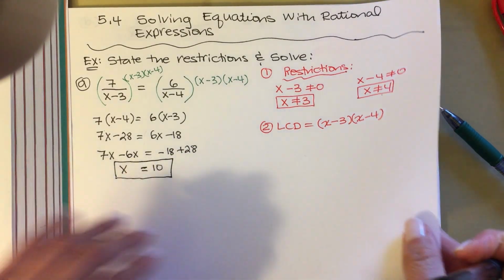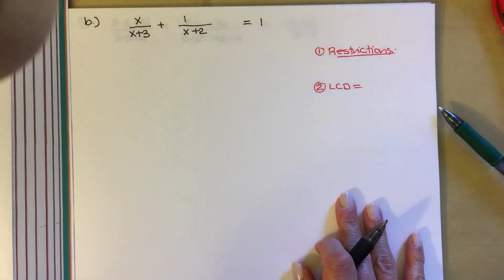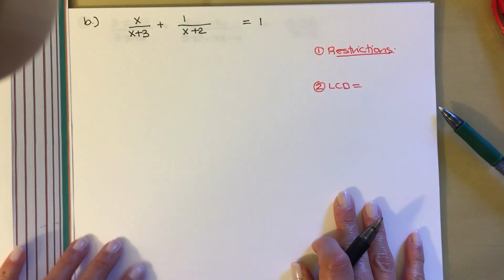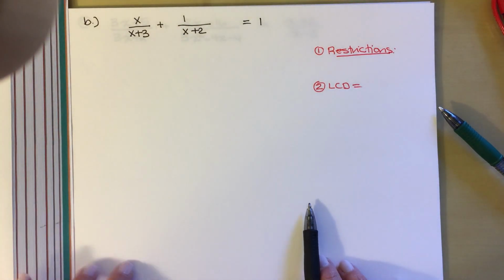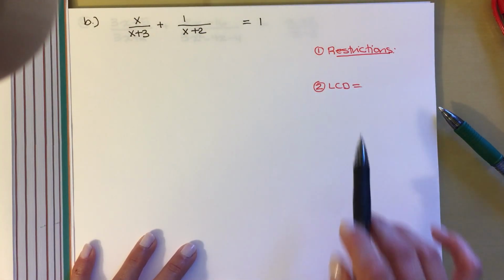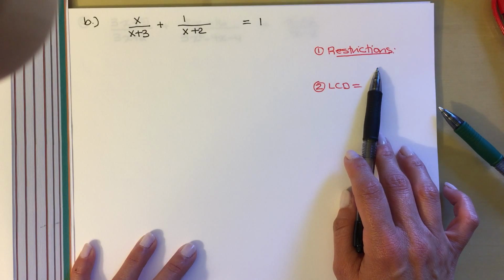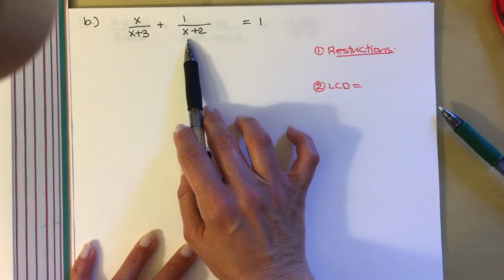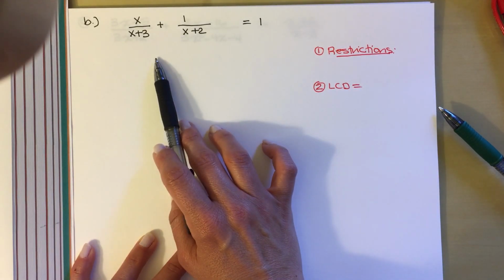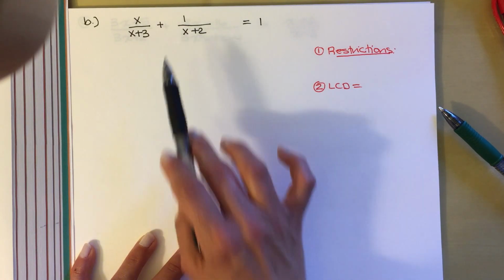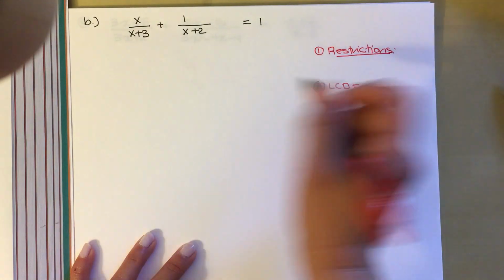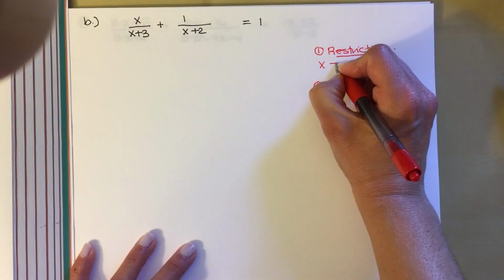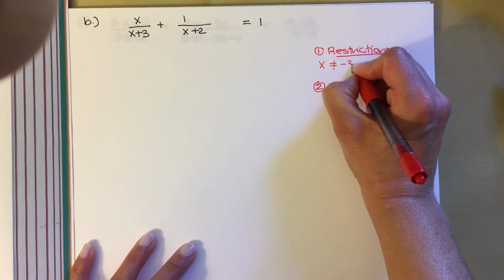Let's look at the second example. So we have another equation containing rational expressions, and we want to follow the same steps. We want to state the restrictions. Since we have two denominators, we're going to set each of these to not equal to 0. And if you do that, you're going to get that x cannot be negative 3.